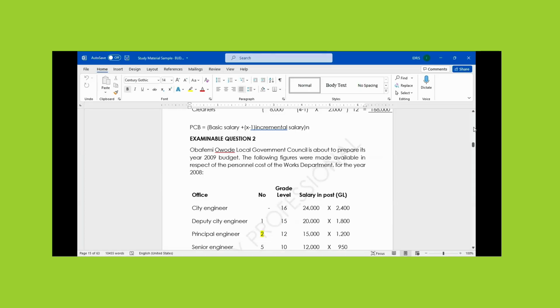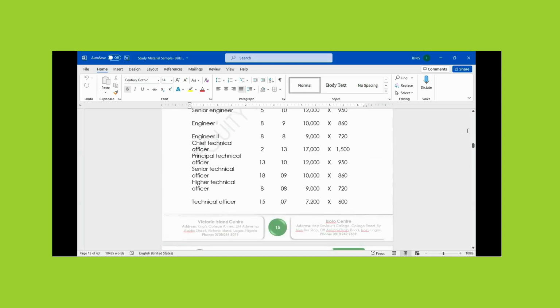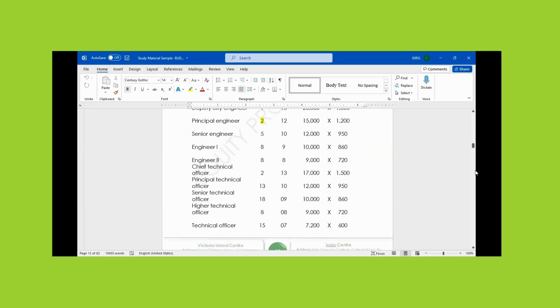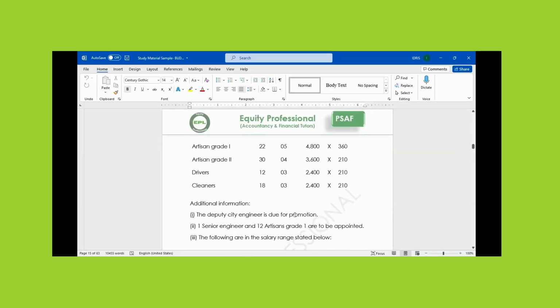No, sir. But we are told in the additional information, the next position to city engineer is who? Deputy city engineer. So we are told in the additional information that the deputy city engineer is due for promotion. That means he's going to become a city engineer.